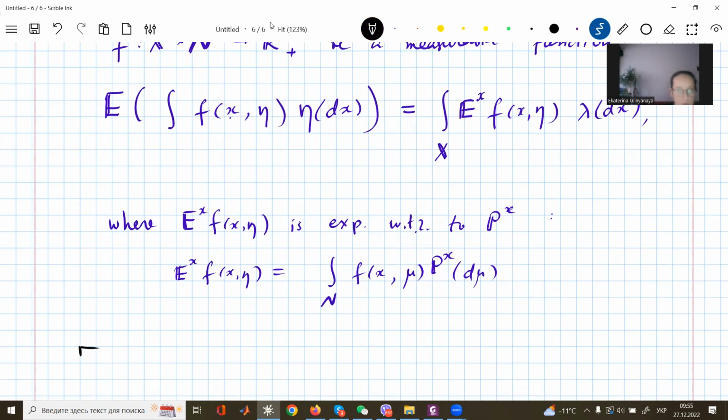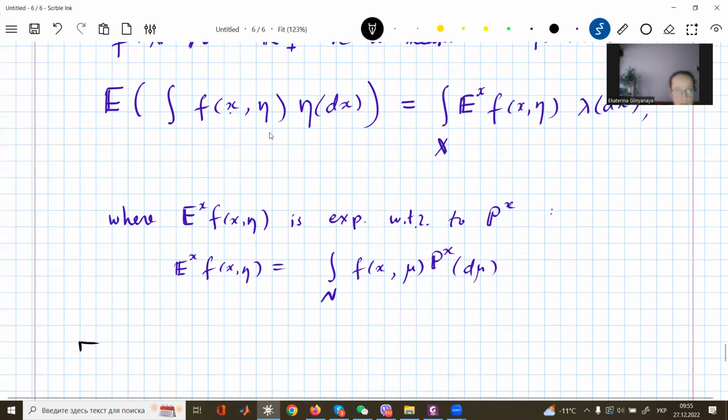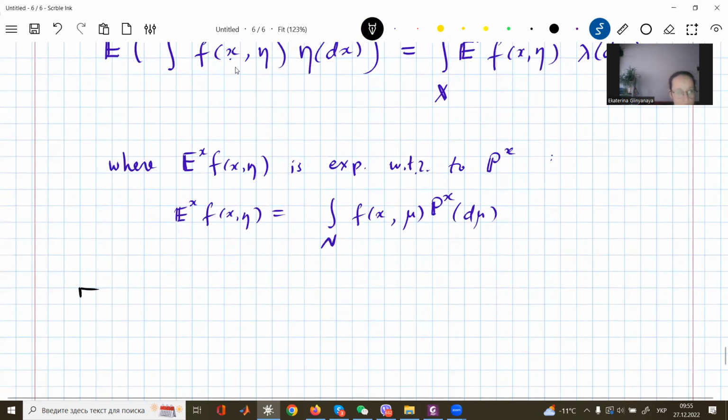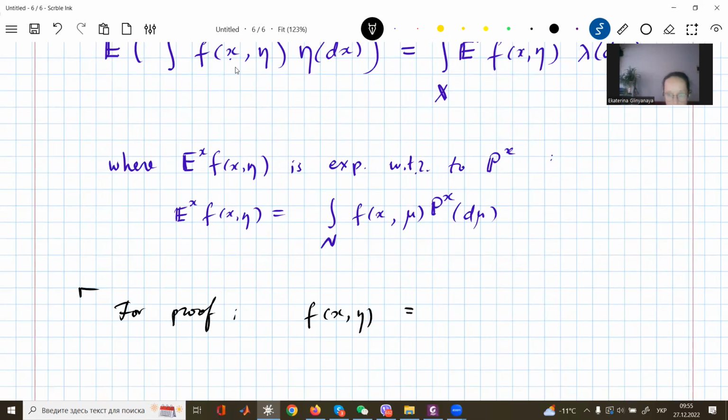You just need to start with a specific function of the form as we have: the indicator of subset B and the indicator that eta of some subset K is equal to 0, for example, and with such properties.